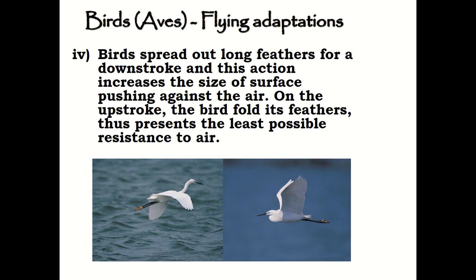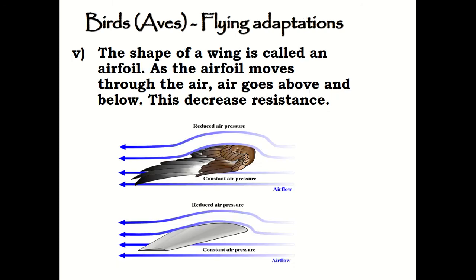The birds will spread out their long feathers for a downstroke, and this action increases the size of the surface pushing against the air, so that they can keep floating on the air. On the upstroke, the bird will fold the feathers, so it presents the least possible resistance to the air.